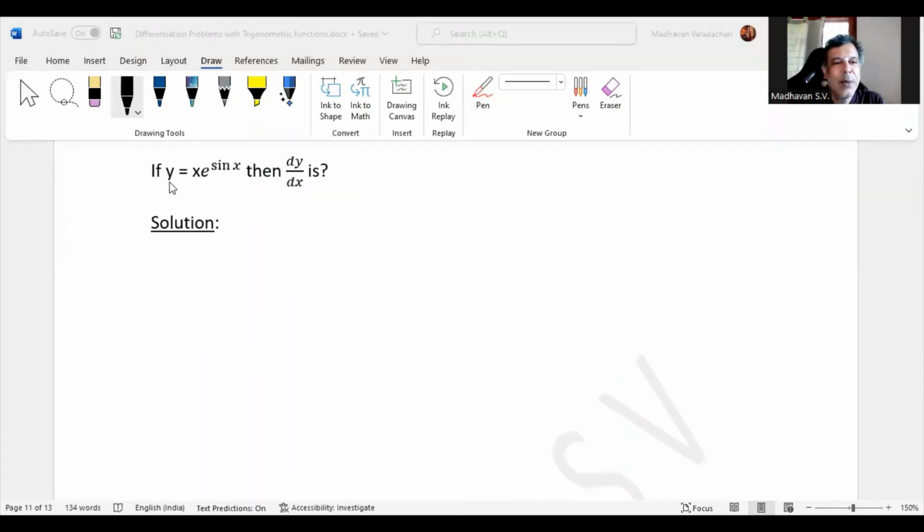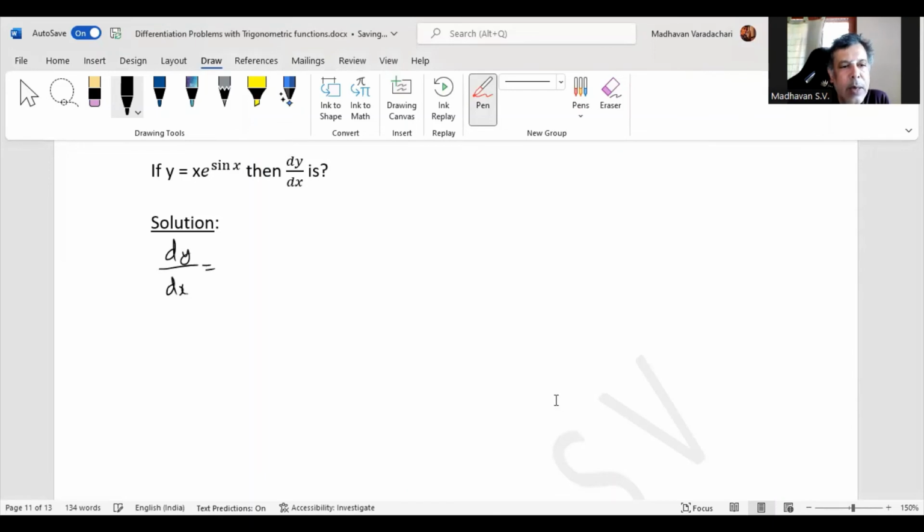If y is equal to x times e to the power of sine x, then find dy by dx. It's a simple product rule. So we can directly write dy by dx equal to x. Then differentiating e power sine x will give us e power sine x times, and I have to differentiate now sine x, which will give me cos x, plus e to the power of sine x.